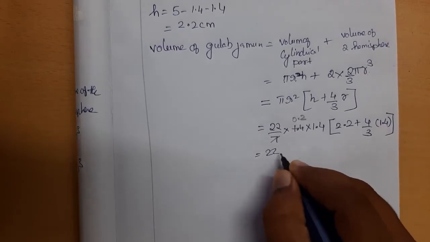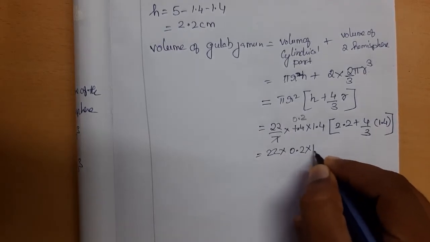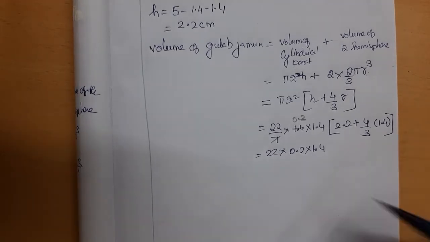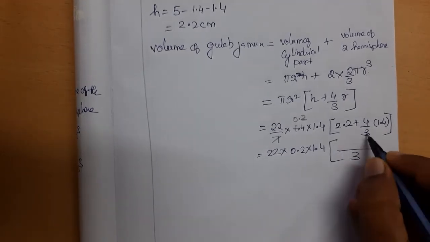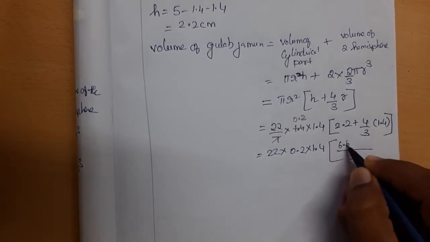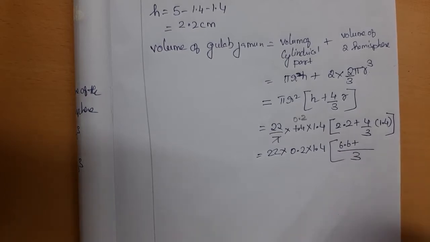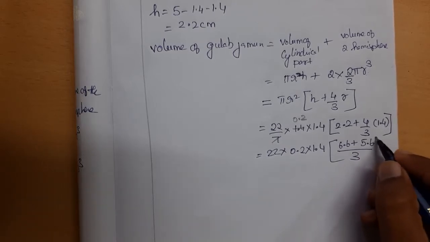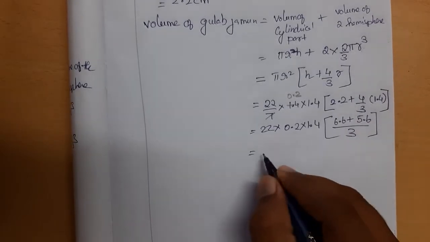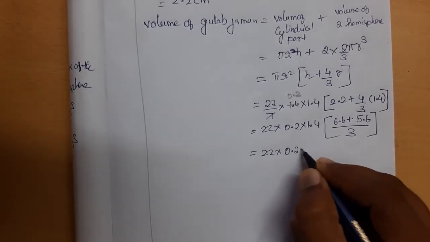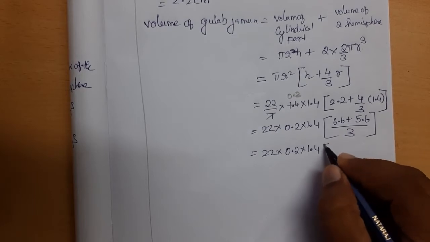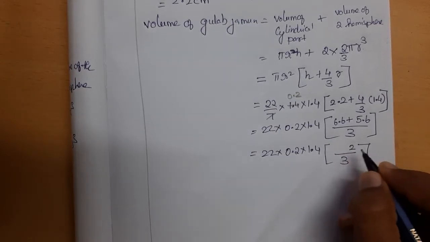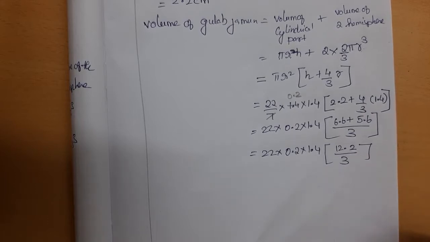So 22 into 0.2 into 1.4, take an LCM, we will be getting 3 in the denominator. 6.6 plus 5.6, so we get 22 into 0.2 into 1.4 times 6.6 plus 5.6, which is 12.2, by 3.